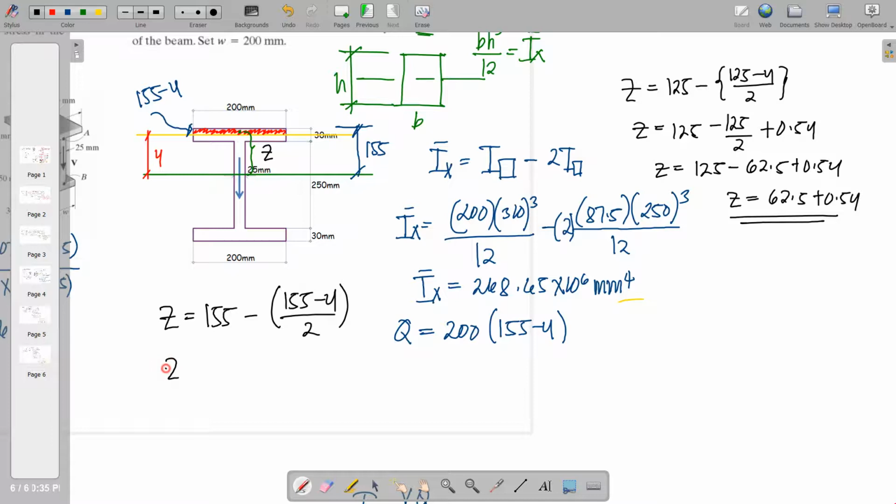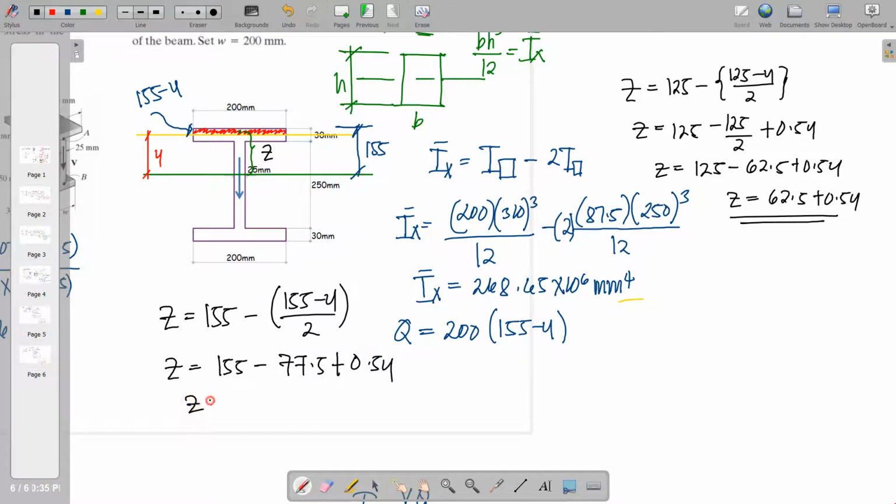So z therefore will be equal to 155 minus half of 155, that is equal to 77.5, and then plus 0.5 of y, or y over 2. Okay, that is 0.5 of y.